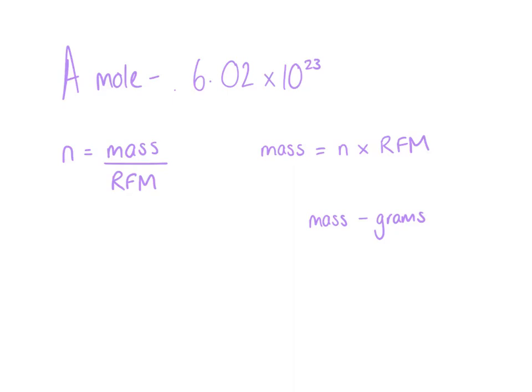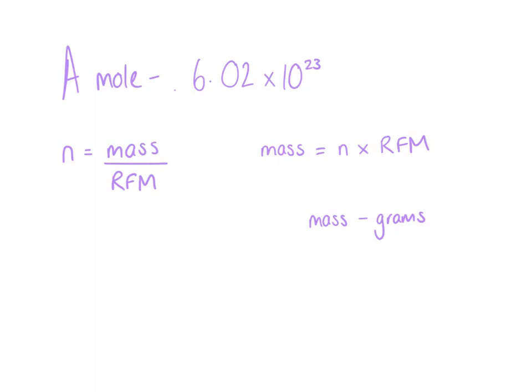And we can convert it to kilograms or tons if we wish, but to put it in these equations, it must be in grams. So those equations are really important. They're going to be used in all our calculations in this video, so make sure you know those really, really well and go back and practice them if you feel you need to.